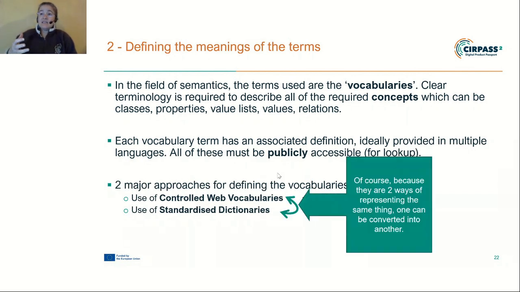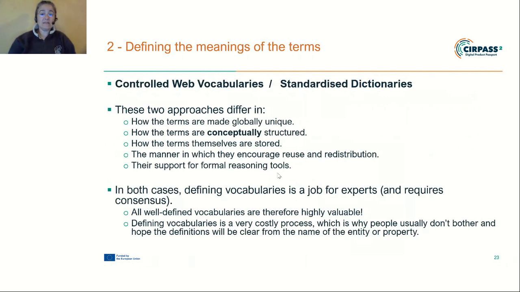Because they're basically modeling a concept, you could use either one to model the same concepts. So it's not difficult to transform one into the other. It's mostly formatting issues, as I will describe in the coming slides.